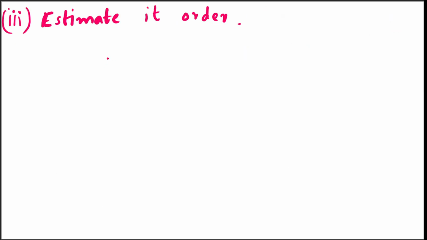Now they asked us to estimate its order. Order means 10 raised to something, like that. They are not asking us to find the exact value, just its order. The order of half raised to 34. How to estimate? Using a calculator we can easily find it, but they are asking to estimate.